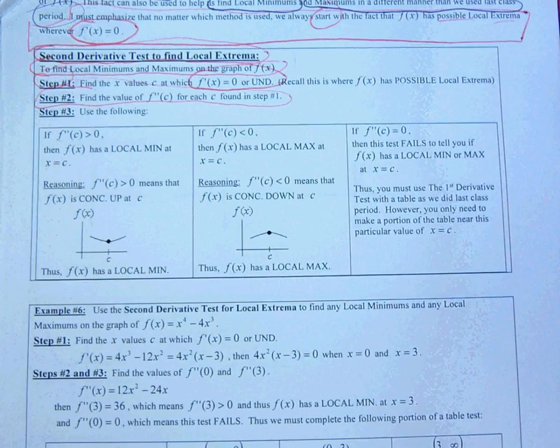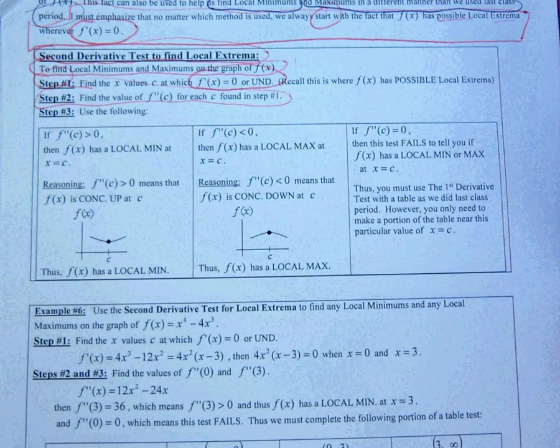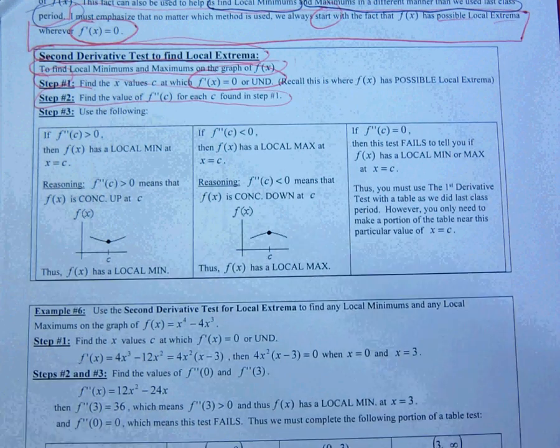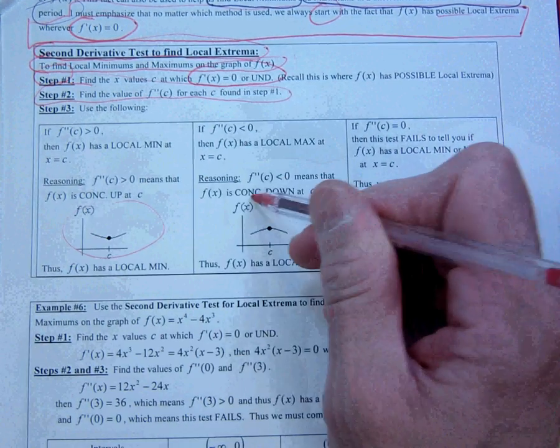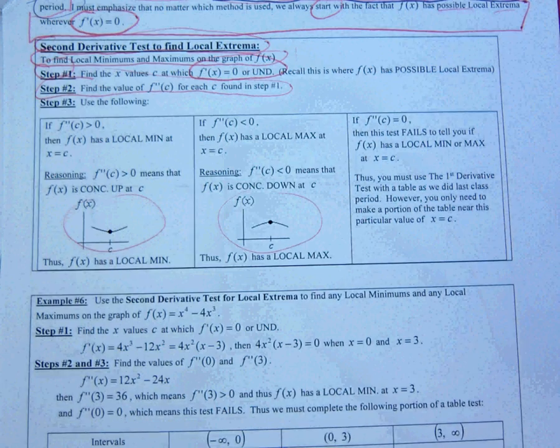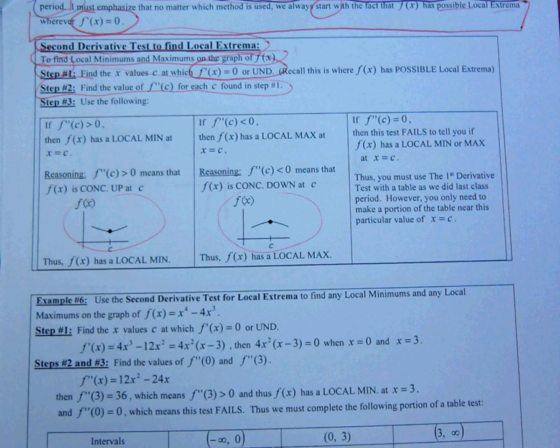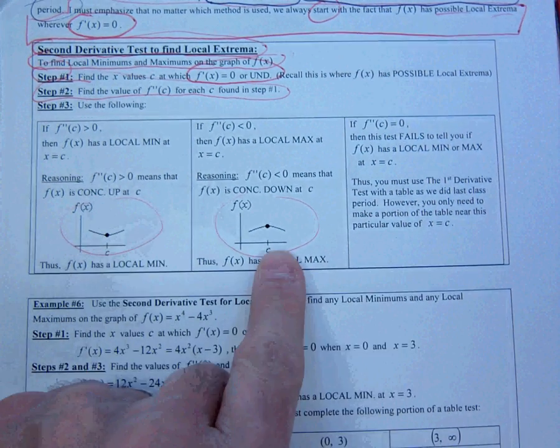And what will that tell me? All that will tell me is whether f is concave up or concave down at one single point. Won't it? Yes? Okay, now think about it. If you know f prime is 0 or undefined, and therefore you might have a hill or valley there, won't the concavity tell you whether it's a valley or a hill? Won't it?